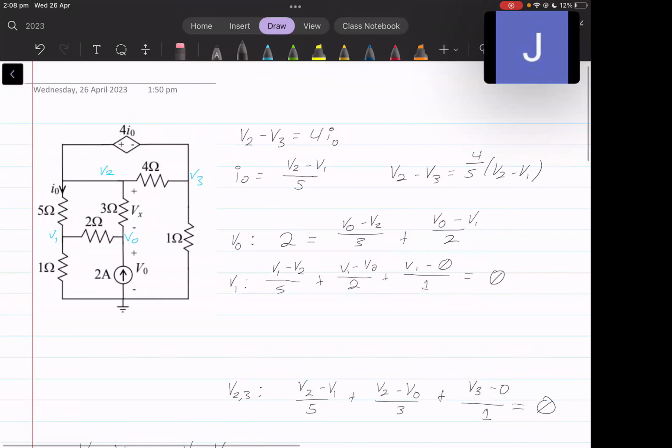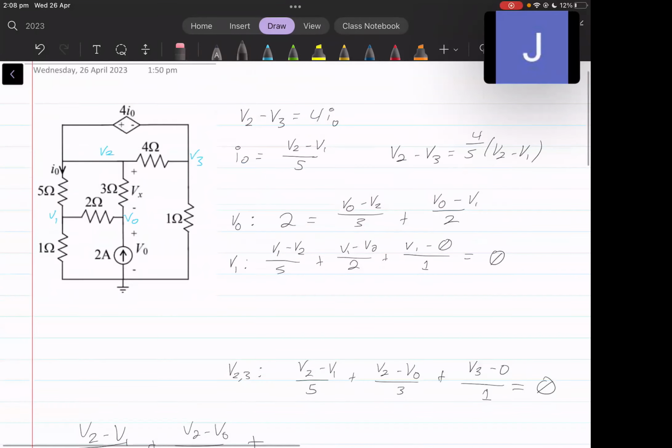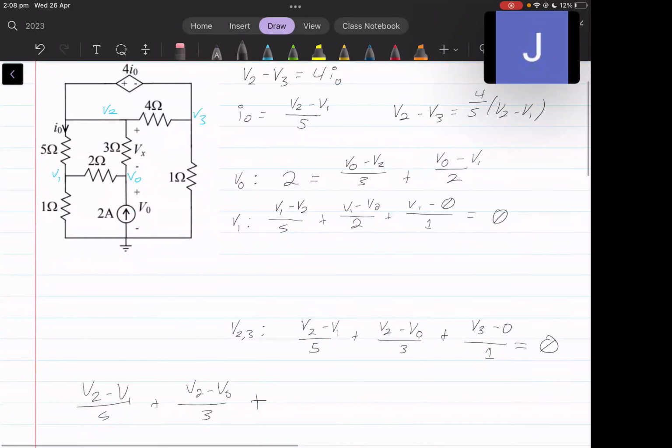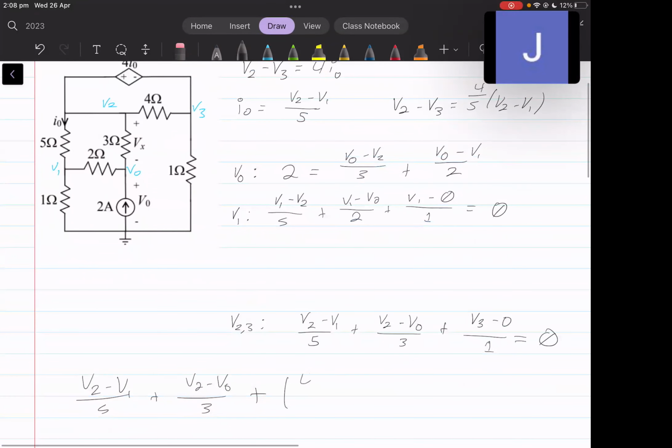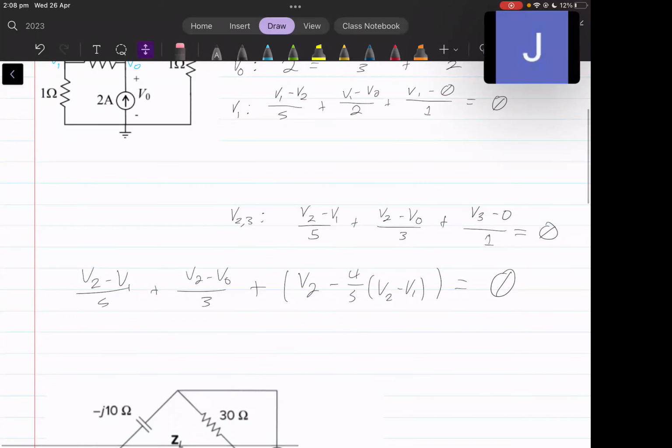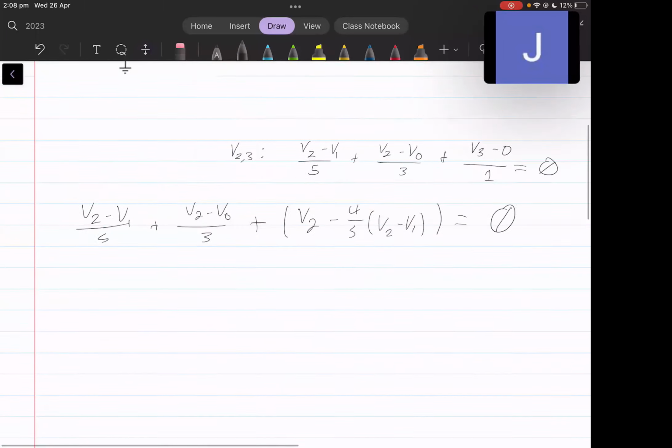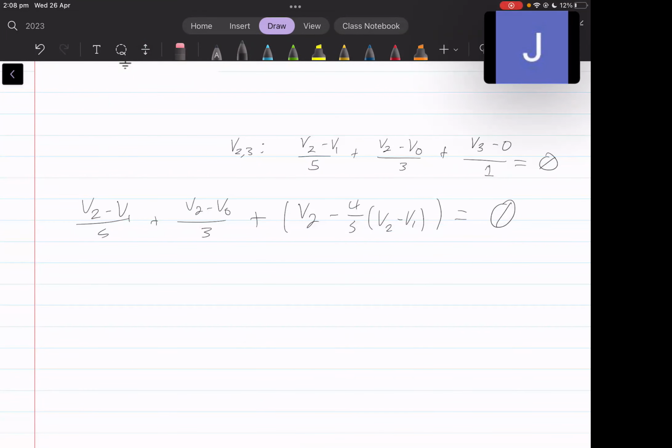Okay, so we'll just look up above at the equation we had from the supernode to start with. And then here we should be able to say 4 V2 minus 4 on 5 V2 minus V1. Which isn't very nice. And then we just have to simplify this down. So I might save a bit of time here to grab what I've already simplified.